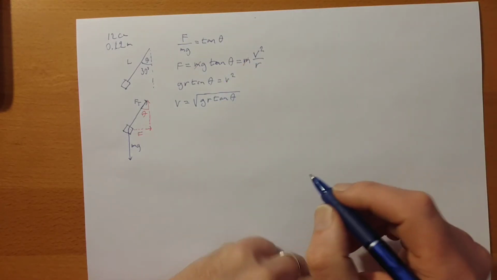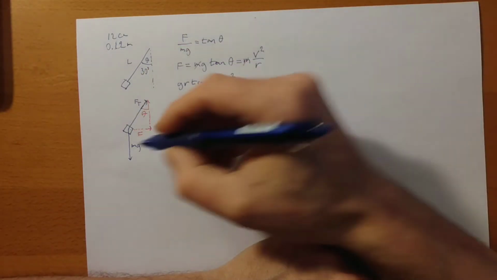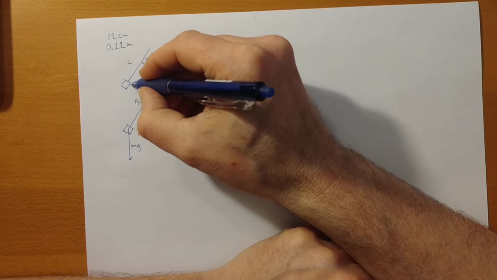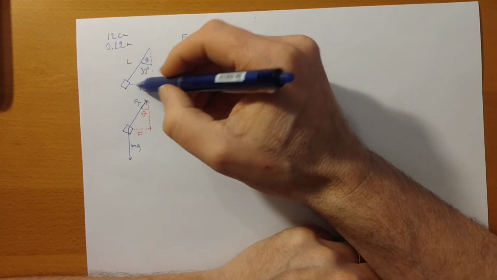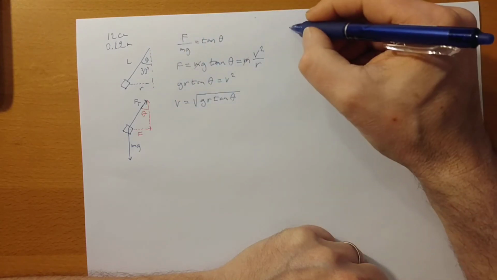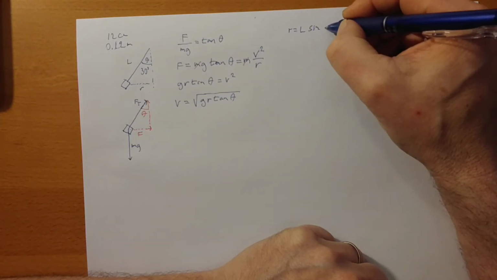What we have left is to figure out the radius. Now we're dealing with the sine function, right? If we know the length, we know that the radius equals the length times sine of theta.